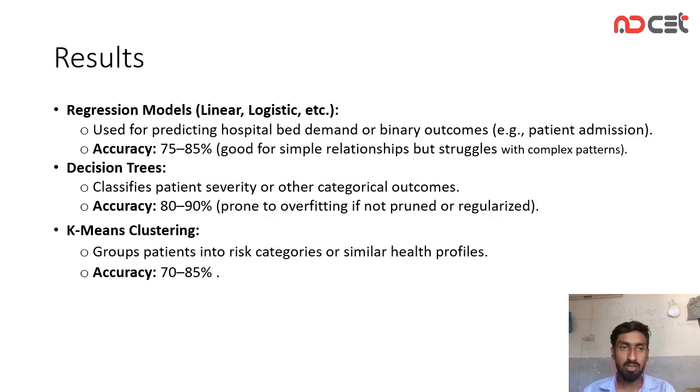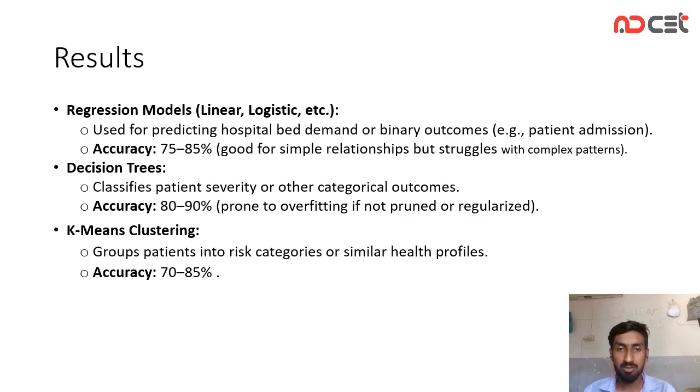So next are the results. First is regression models, linear regression and logistic regression. They are used for predicting hospital bed demand or binary outcomes, for example, patient admission. Accuracy is 75% to 85%.